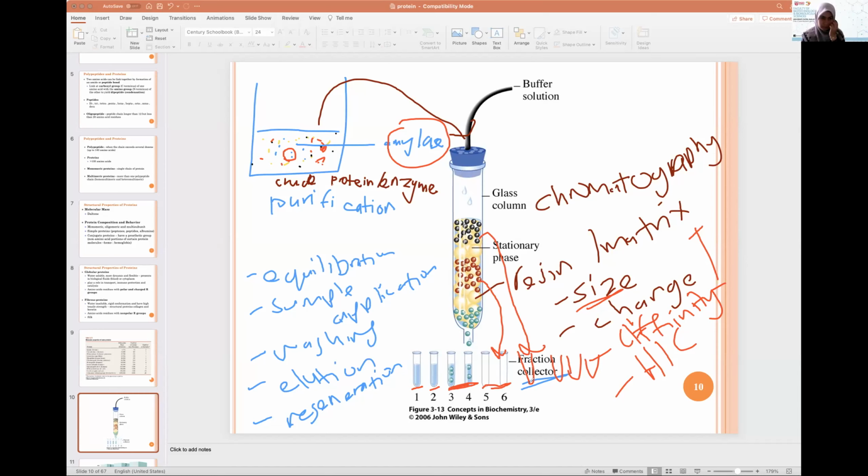How do we detect the presence? Of course, each of the tubes will be colorless. Everything will be colorless, so we can't see the difference between each tube. But we will know the presence of amylase in which tube by performing the assay. We call it the amylase assay. What will be the substrate when we do the amylase assay? Starch.